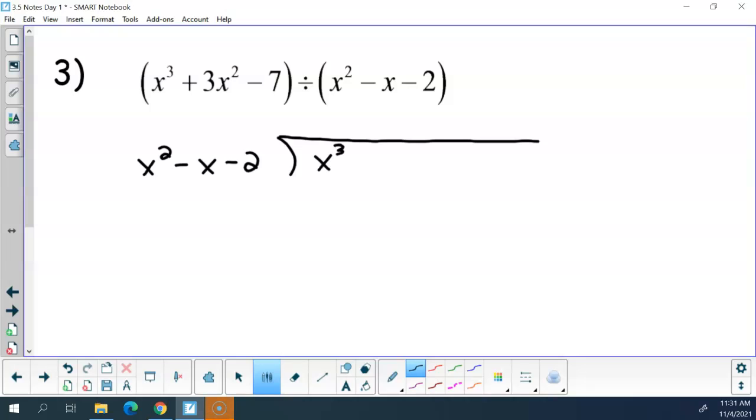X cubed plus 3x squared plus 0x minus 7. What are we going to multiply by first? Just x, right?